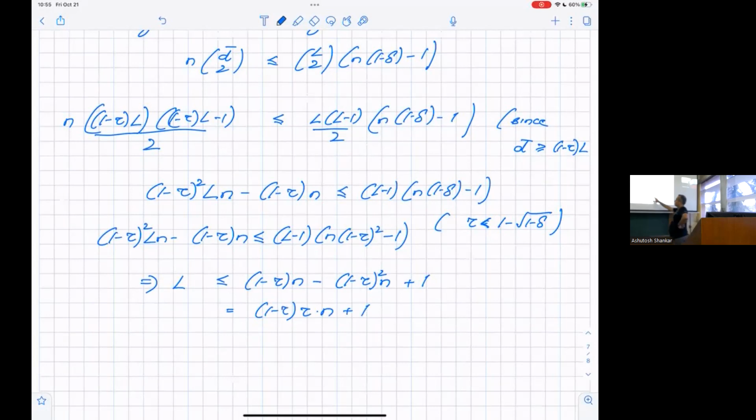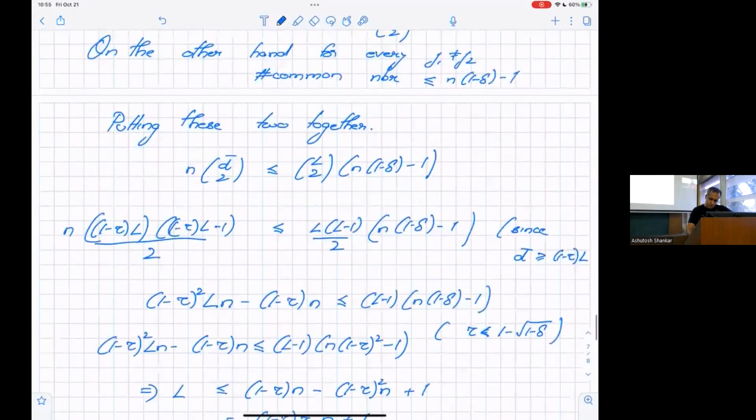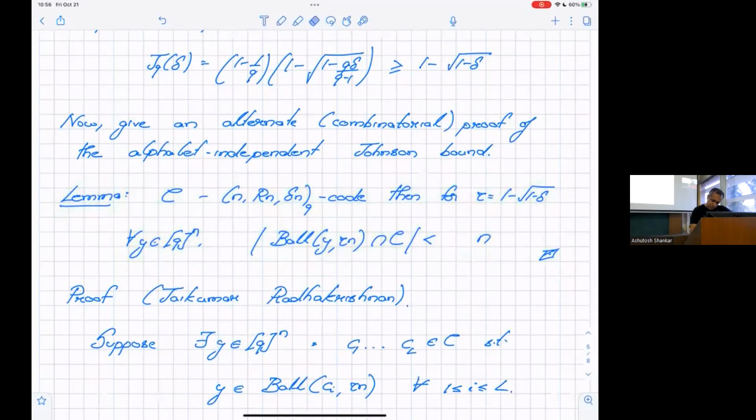That's the inverse to it. Therefore, that's the bound. You get, I think this is more n by 4. For tau less than or equal to this, we're going to get tau into tau.